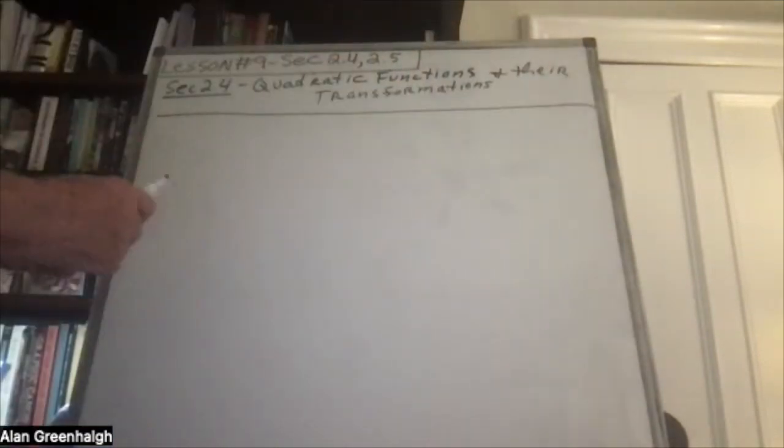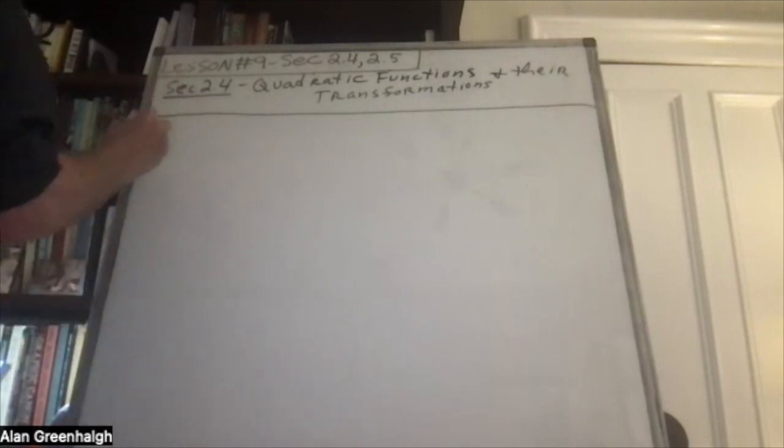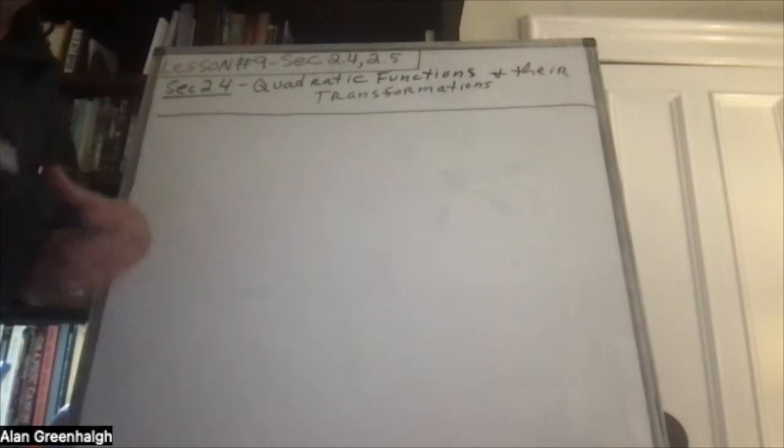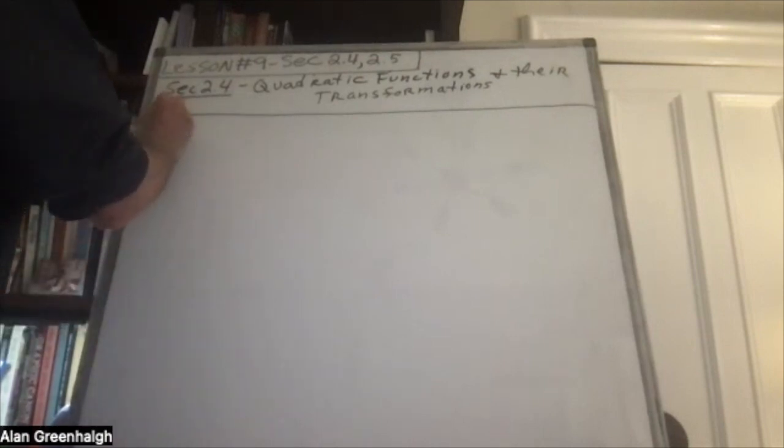In chapter 1, we were talking about linear functions, and one of the functions that the course chose to look at was the absolute value function.